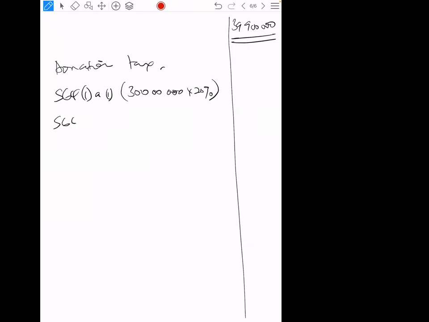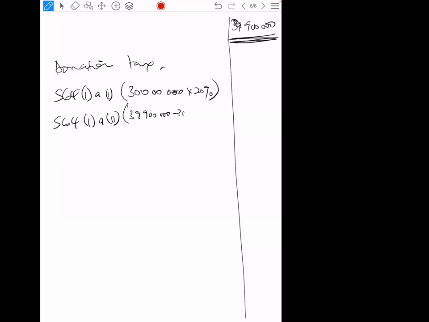And section 64 1A2 says that 25% of that value to the extent that the value is not taxed under subparagraph 1. So the value that is not taxed under subparagraph 1 is the excess of this amount above 30 million. The amount is 39,900, like this.